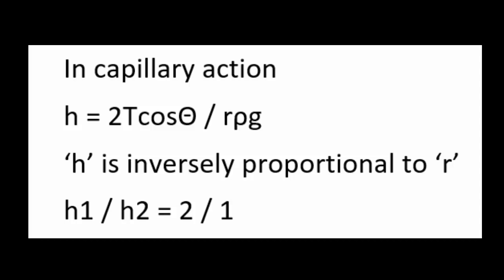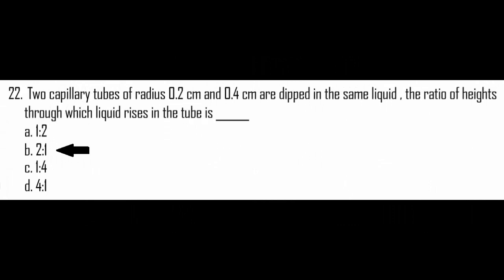Here, T is surface tension, theta is angle of contact, r is the radius of the capillary tube, rho is density, and g is acceleration due to gravity. From the formula, it is very clear that h is inversely proportional to r. Hence, in this question, h1 upon h2 is going to be 2:1.